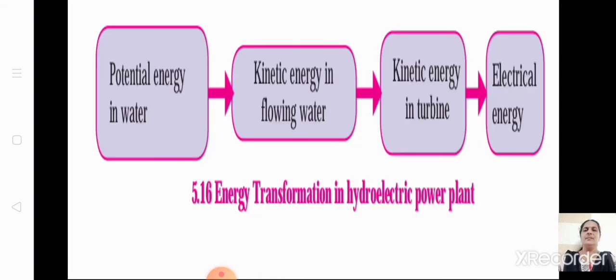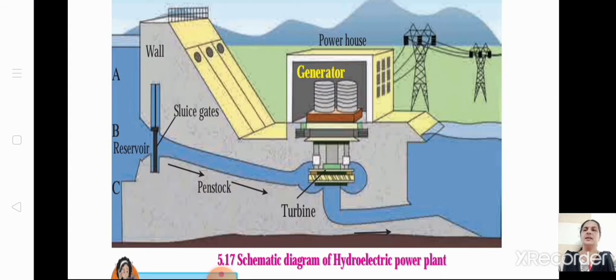You can see the transformation of energy. The potential energy of stored water is converted into kinetic energy in flowing water. Then it is converted into kinetic energy in the turbine, and you get the electrical energy. Okay, this is quite simple. When water is stored, you get potential energy.